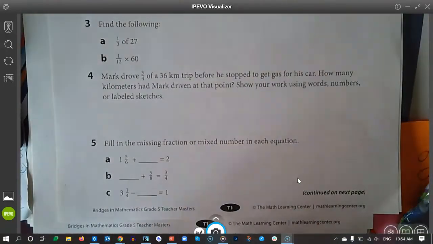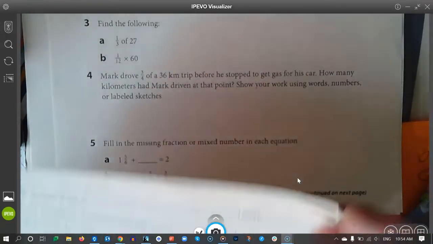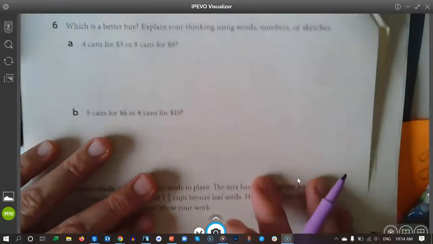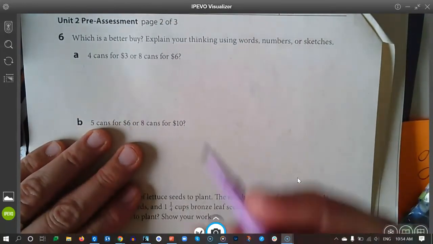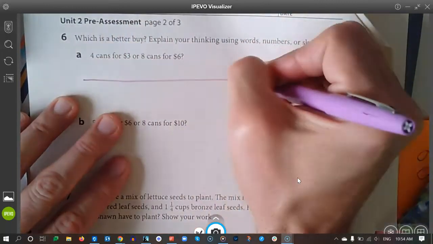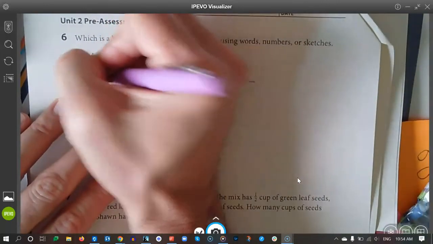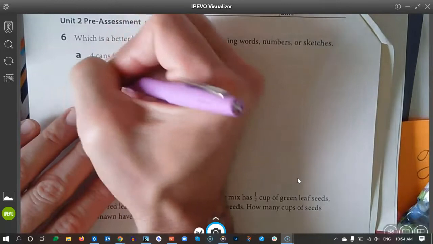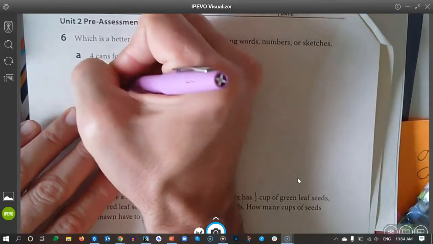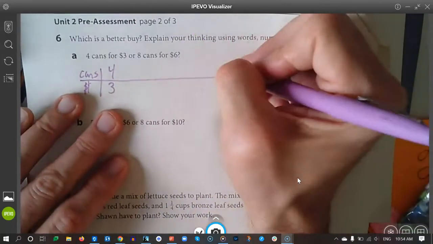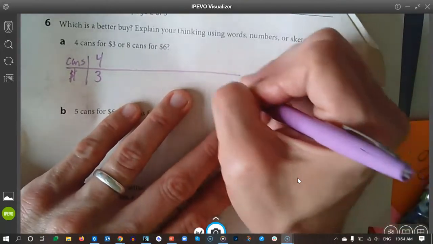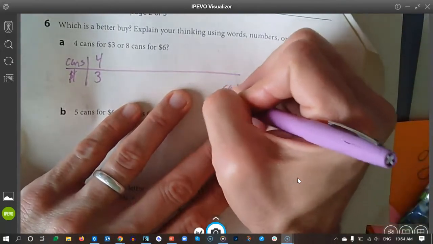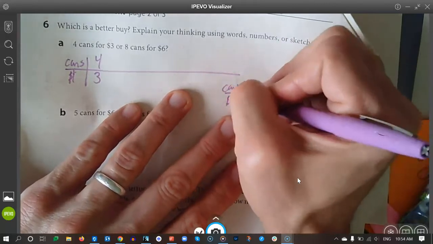All right, here we go. Which is a better buy? Explain your thinking using words, numbers, or sketches. So we have cans and money. We have 4 cans for $3, or 8 cans for $6.